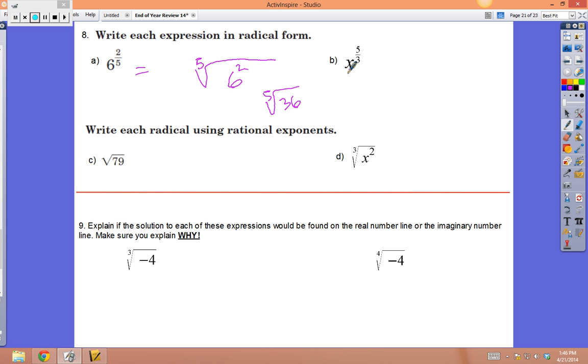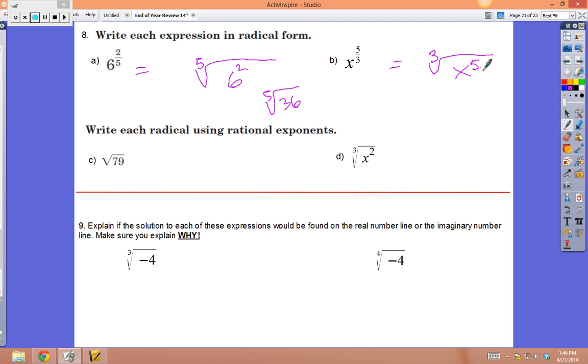Okay, the second one, x to the 5/3, that's the same thing as x is there, 5 is there, and 3, so it's a cube root. Now you can even clean this up. It's a cube root, so as long as you have 3 or more, some can come out.